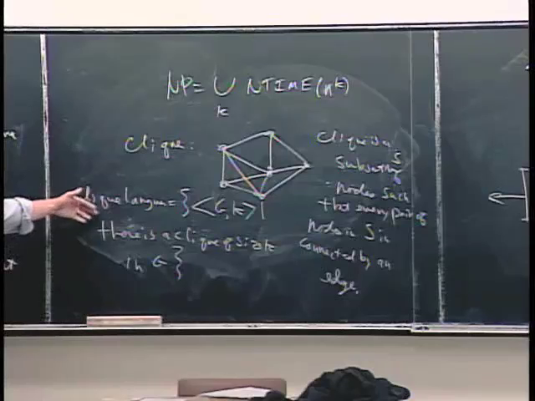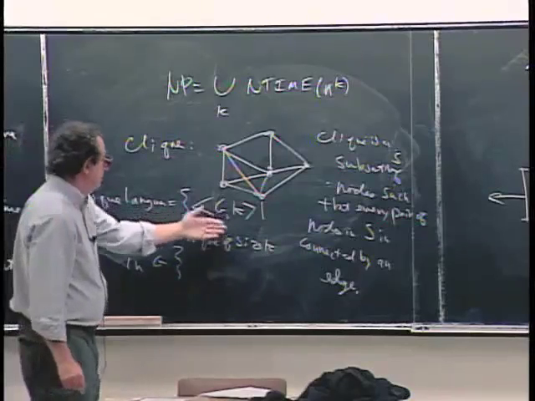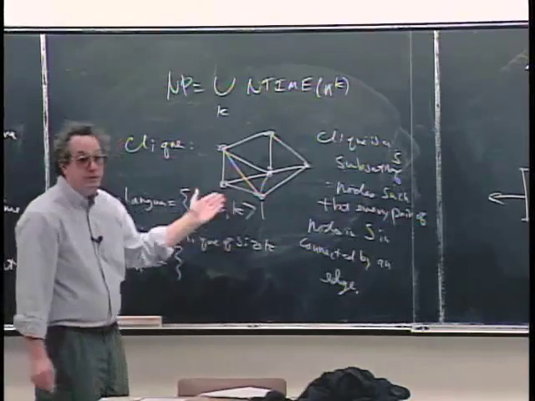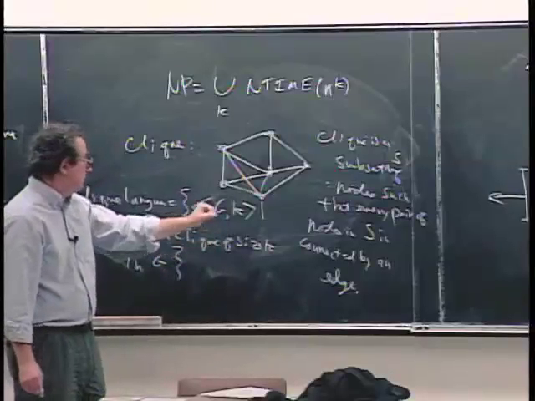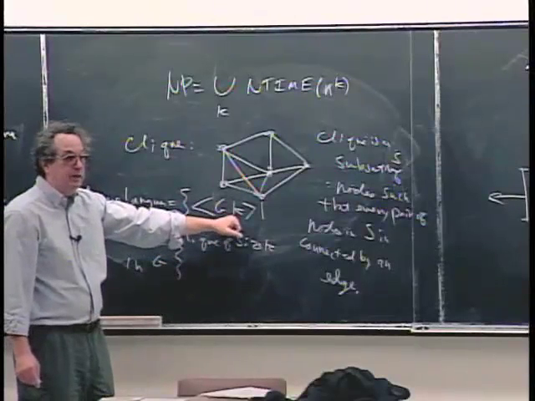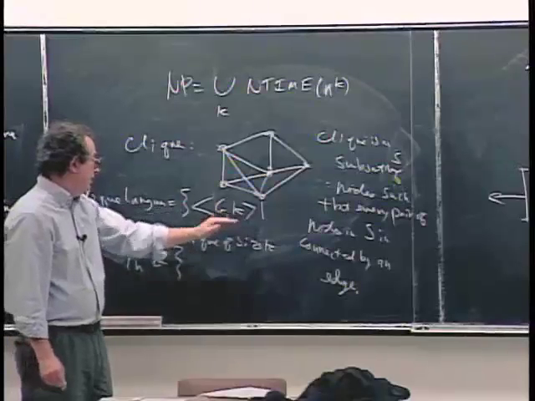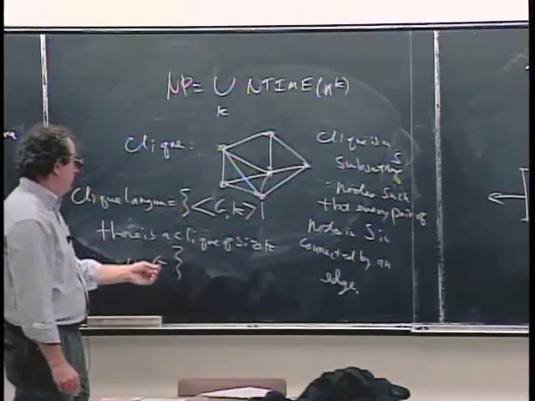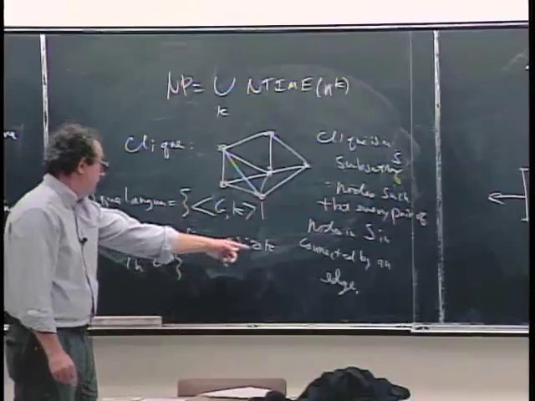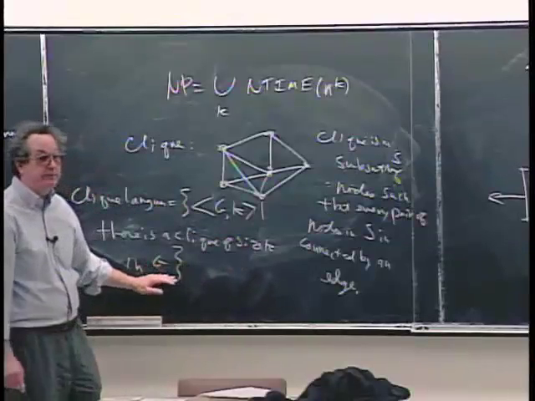So the members of this language clique consist of a description of a graph and a particular number K, and that pair is in that language if and only if there's actually a clique of size K inside the graph.